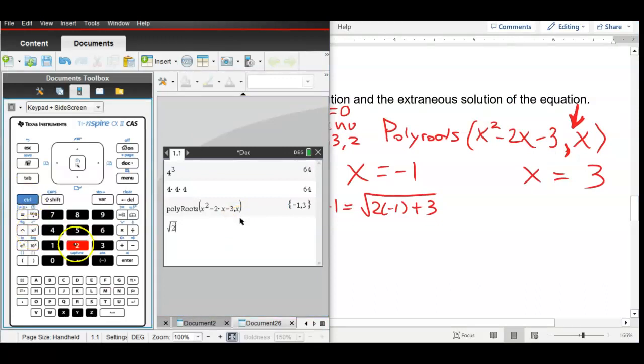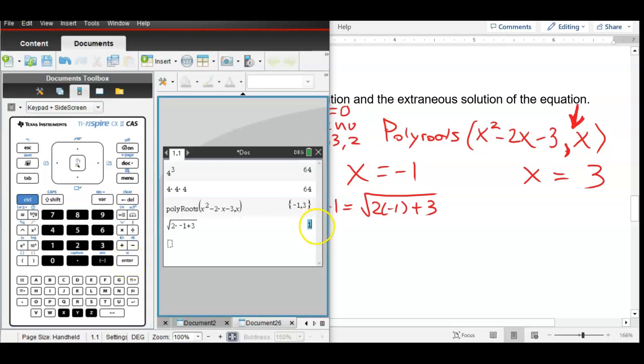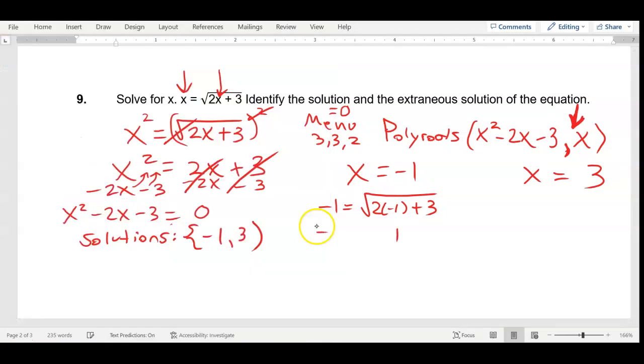Square root of 2 times negative 1 plus 3. Well, that gave me 1, but this is supposed to equal negative 1. Those are not equal. So x equals negative 1 is extraneous.